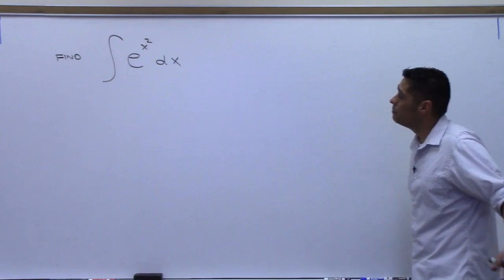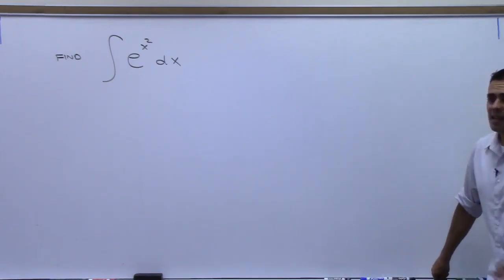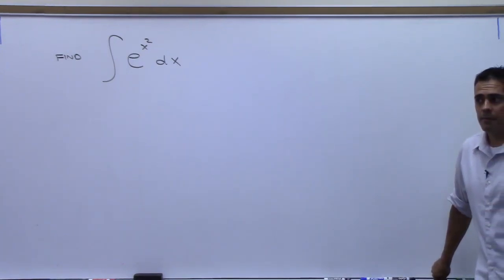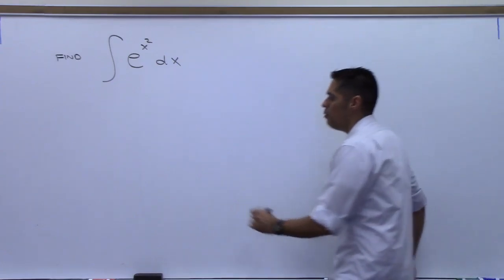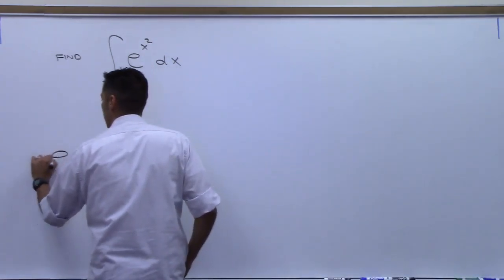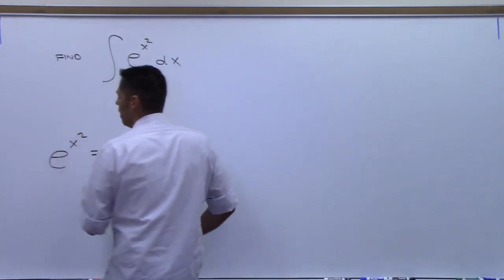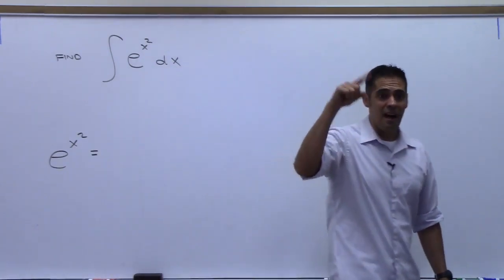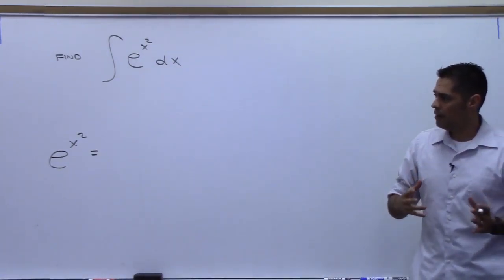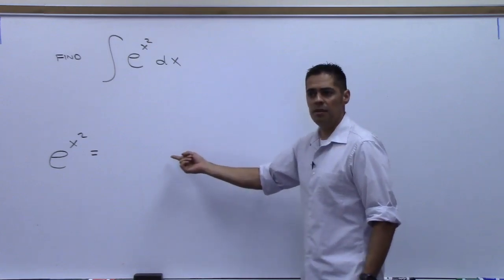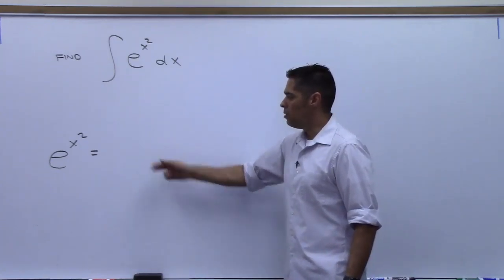All right, well, this, like I said, was impossible to integrate, but we have a way of rewriting e to the x squared. We just did this a second ago when I did the e to the ix and I proved that thing, right? All I have to do is plug into the Maclaurin series for this.